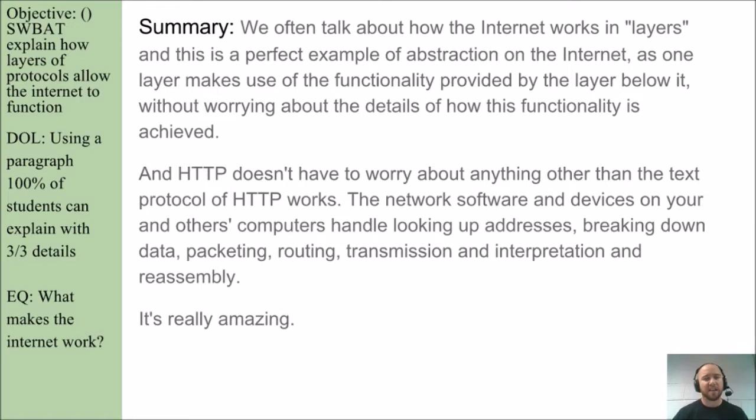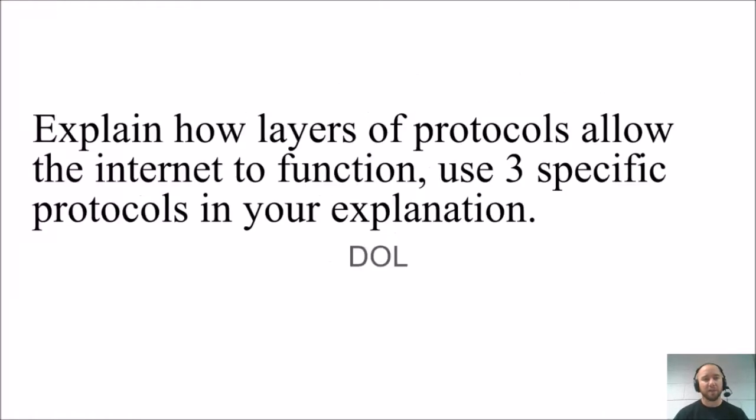Are you understanding HTTP? Are you understanding HTML and CSS? The network software and devices on yours and other computers handle looking up addresses, breaking down data, packaging, routing, transmission, and interpretation and reassembly. So it's really quite amazing how all of that stuff works together.